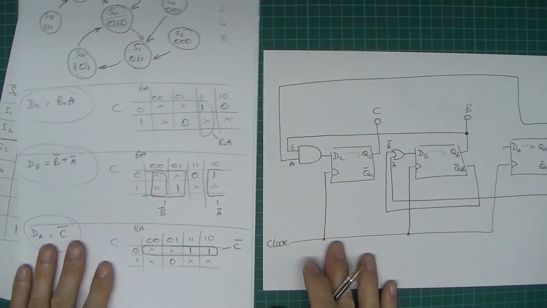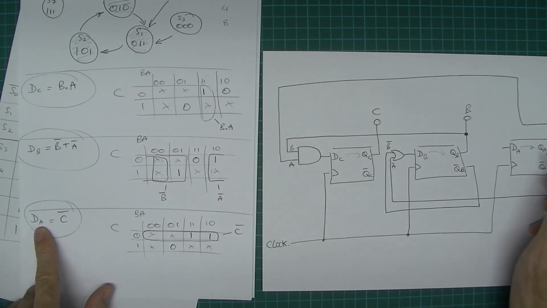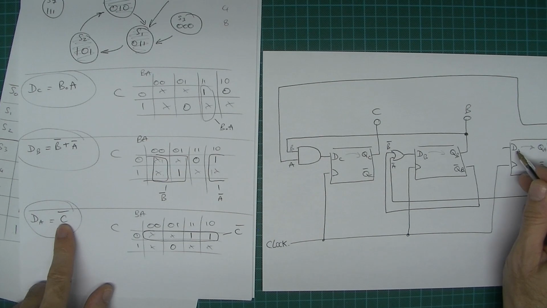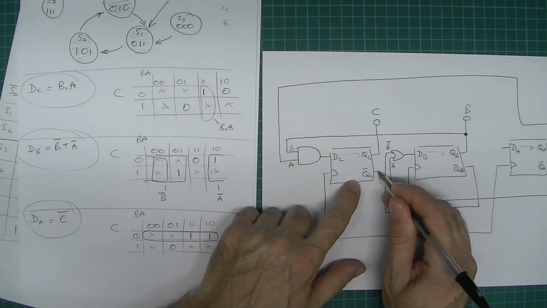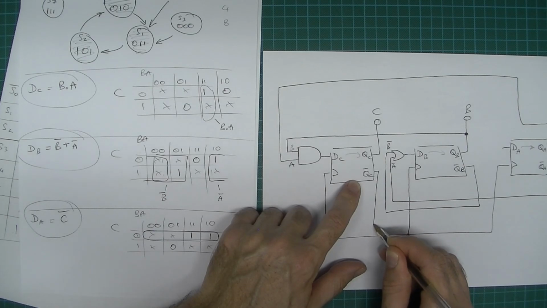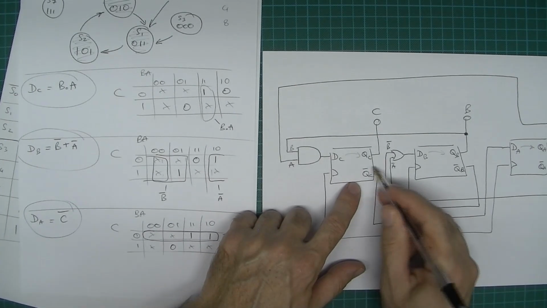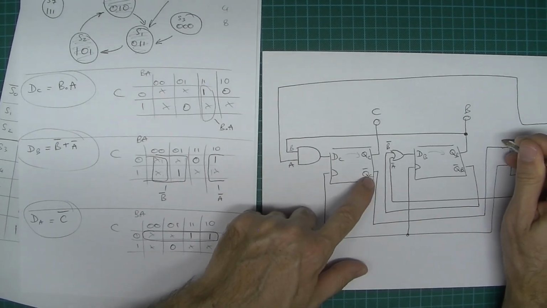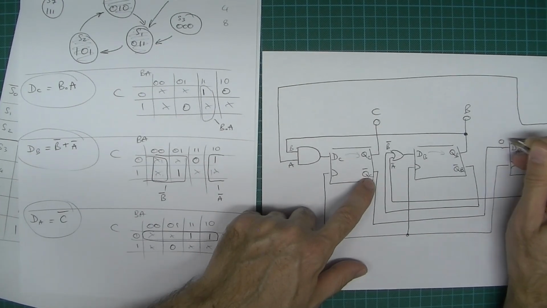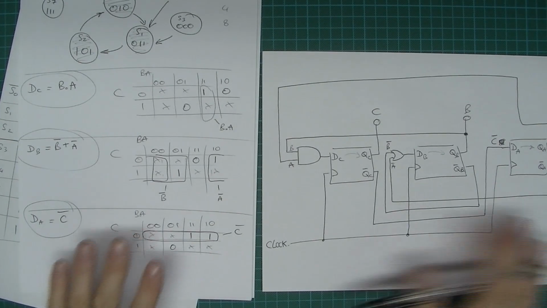And then DA is going to be NOT C. This is going to look ugly, however, it can't be helped. That's NOT C.